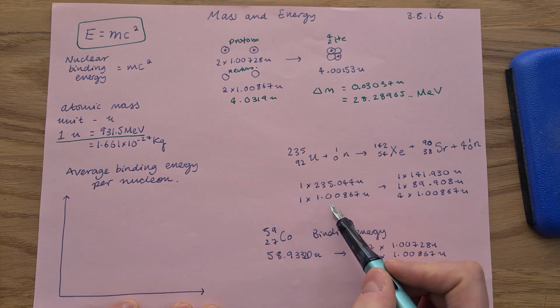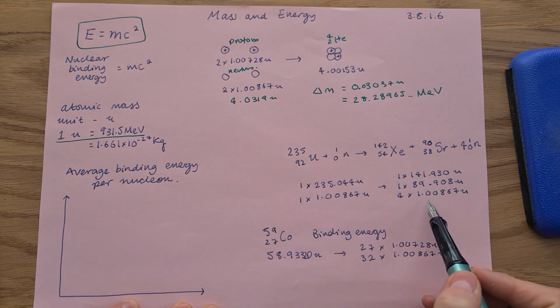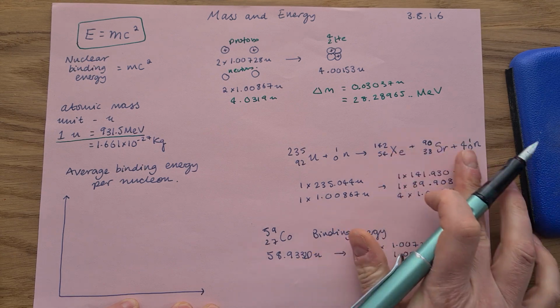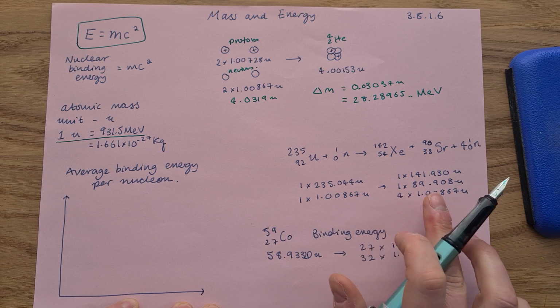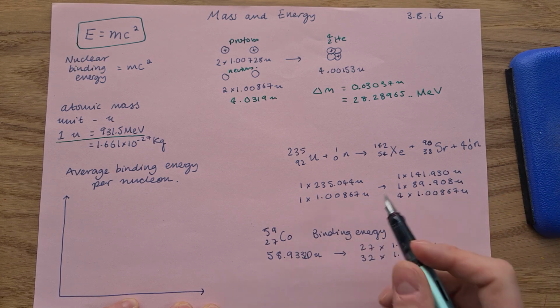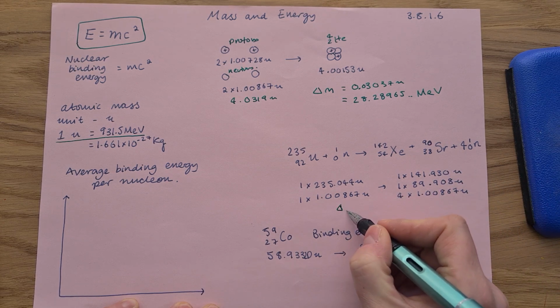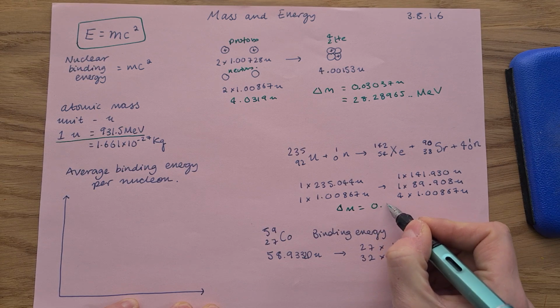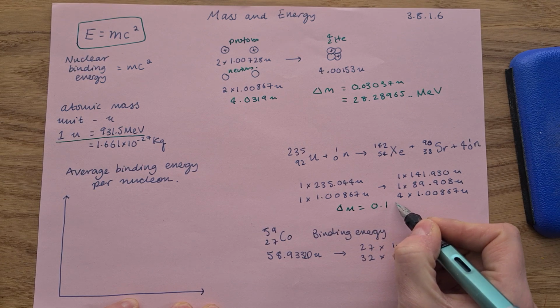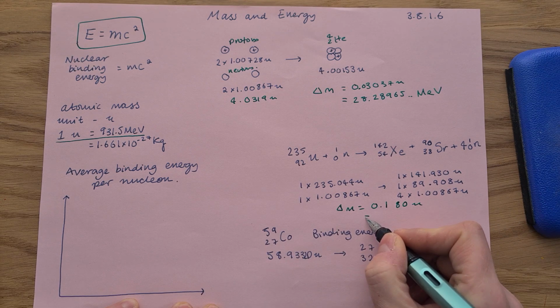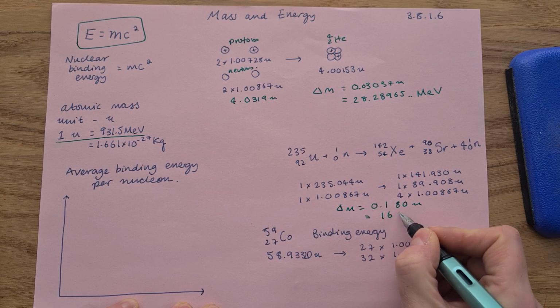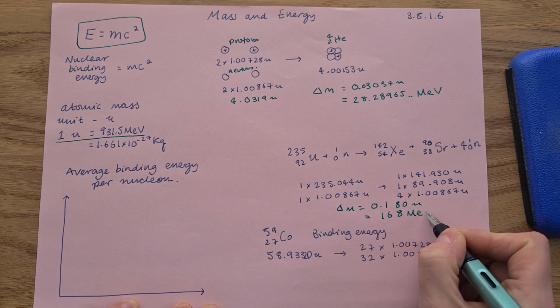We're going to add this together and then take it away from all of this. We're expecting this is going to be lighter because we know that some of the mass has been converted into energy, because that's the whole point of it. And we get a mass difference of 0.180 atomic mass units, which then, if I convert it into mega electron volts, gives us 168 mega electron volts.